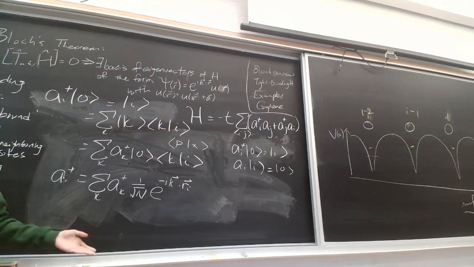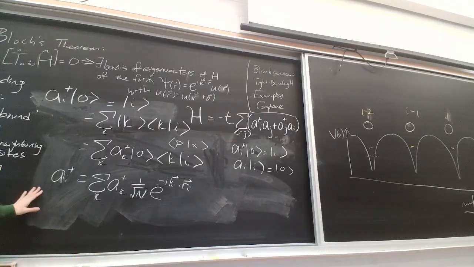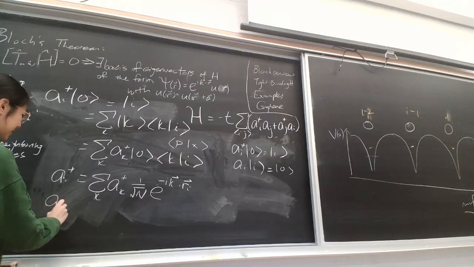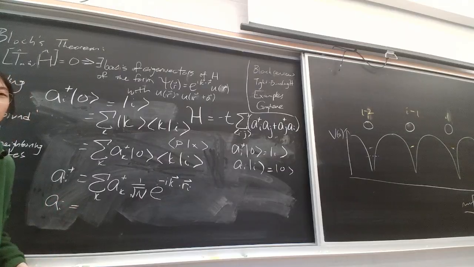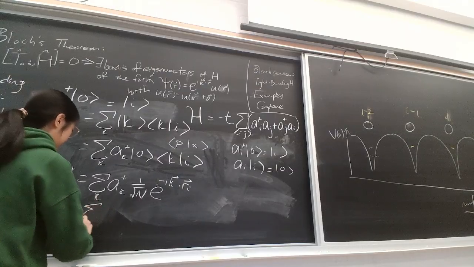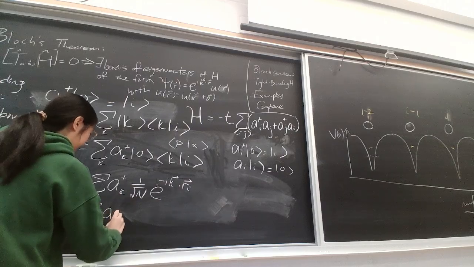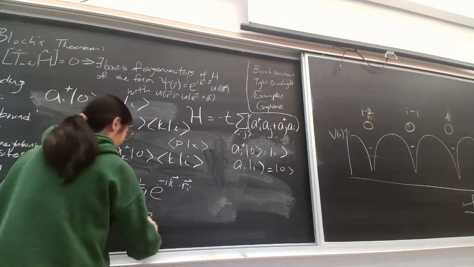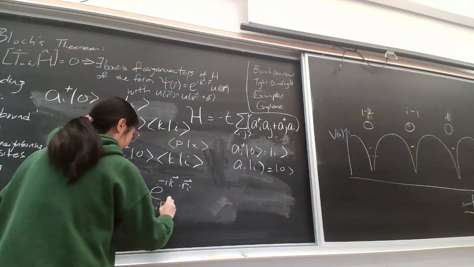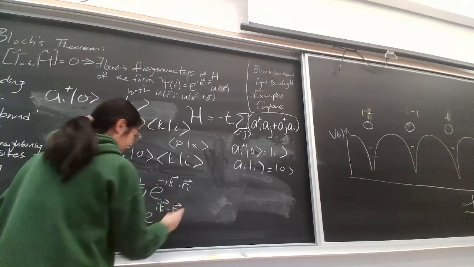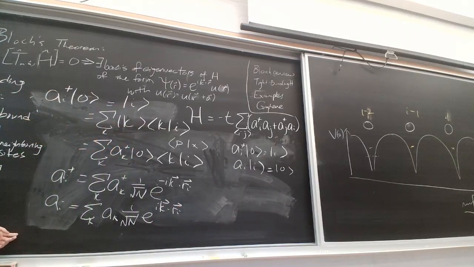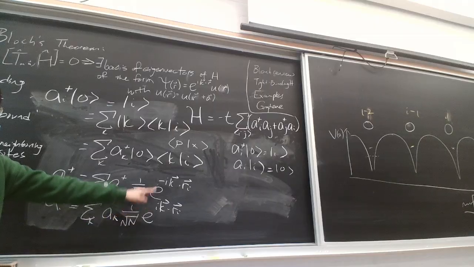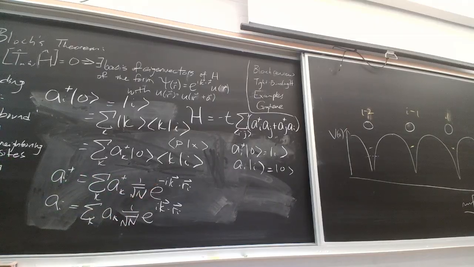Basically a Fourier transform between position space and momentum space, right? So by the same logic, you can find, and you should check for yourself if you don't believe me, that the annihilation operator differs by a negative sign, right?